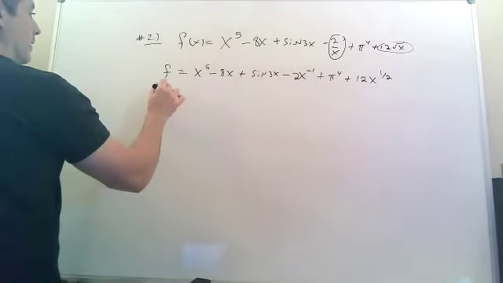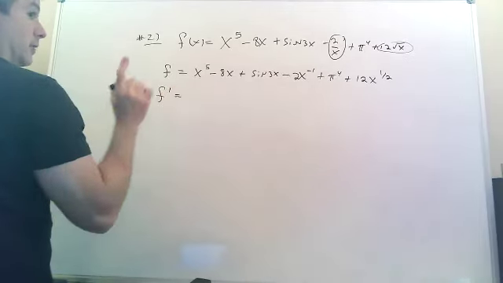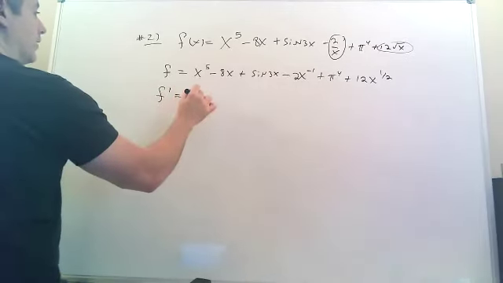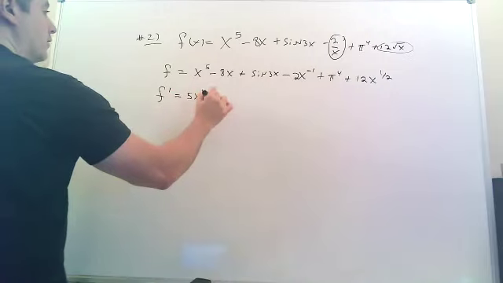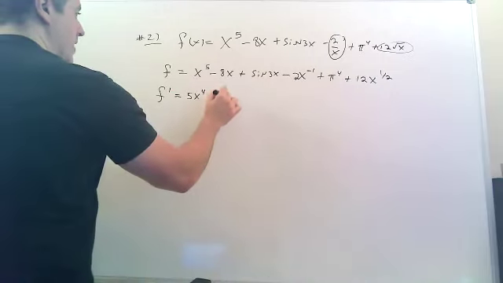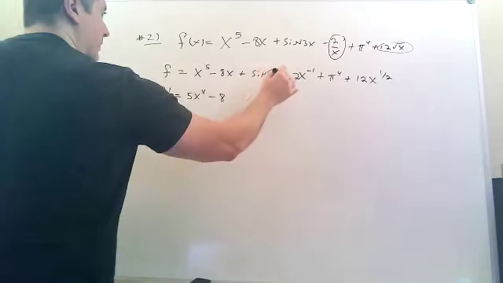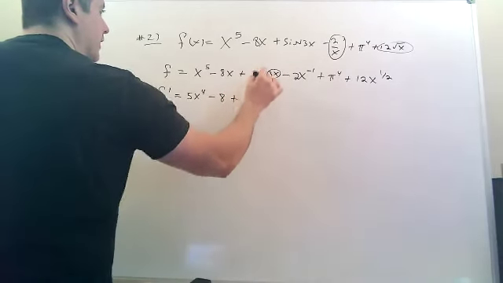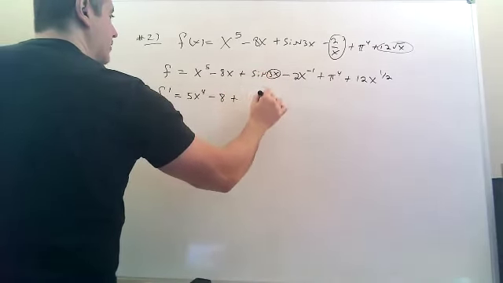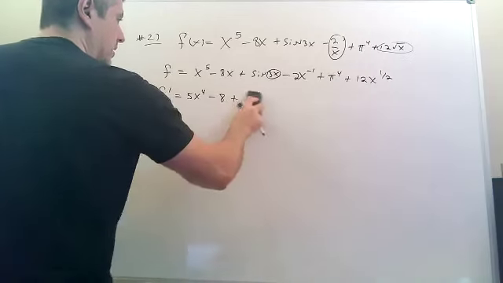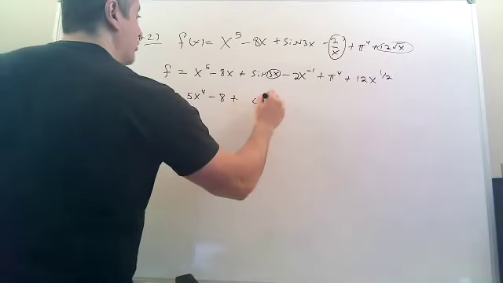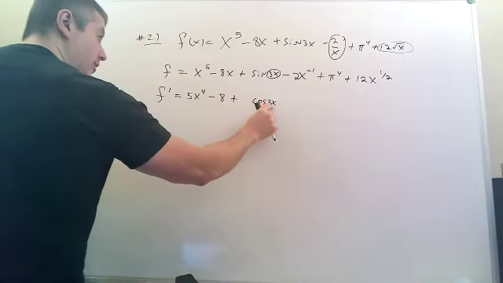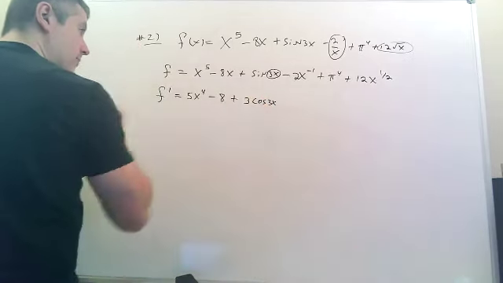Now, start taking derivatives. You got to do it 3 times, and you have to be very careful. That derivative is 5x4. That derivative is -8. Now, this is chain rule, so be very, very careful. The derivative of sine 3x is cos 3x times the derivative of 3x.